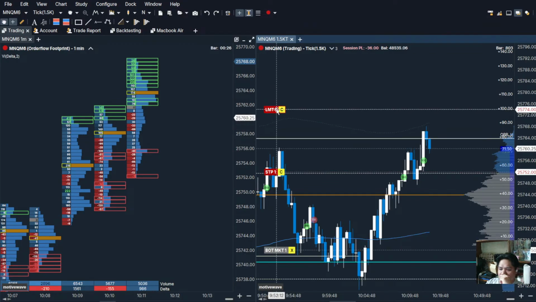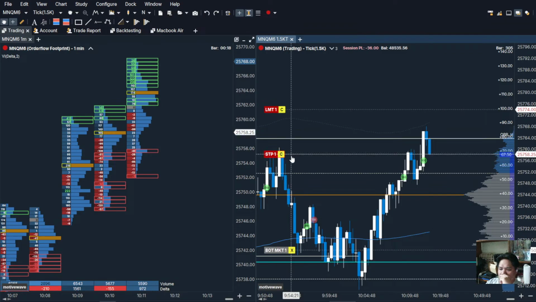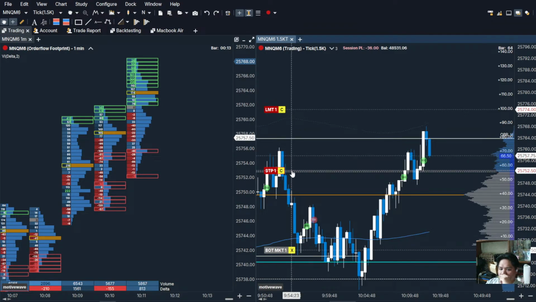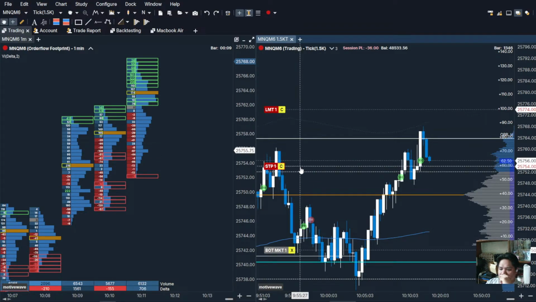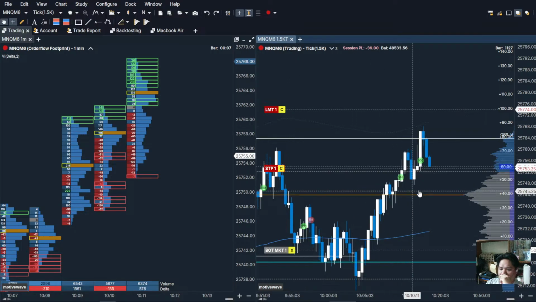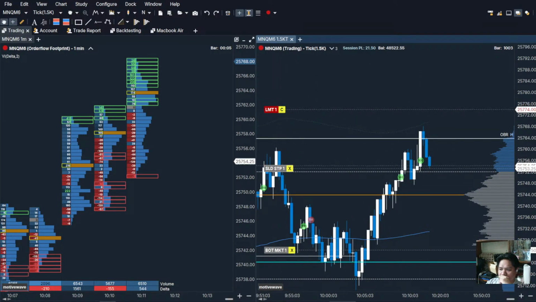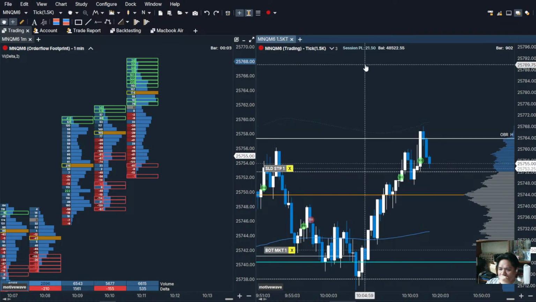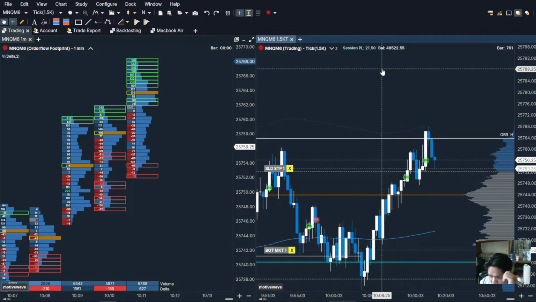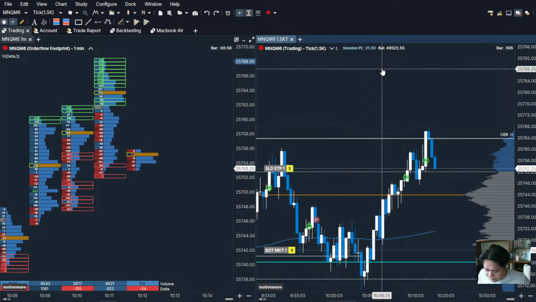Maybe 100. Okay, absorptions happening. Lots of absorptions here. We don't have any imbalances in the buys. I might get tagged out here now. There we go. Nice. Covered our loss.